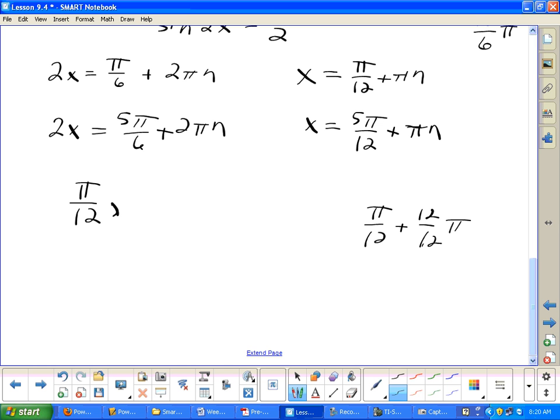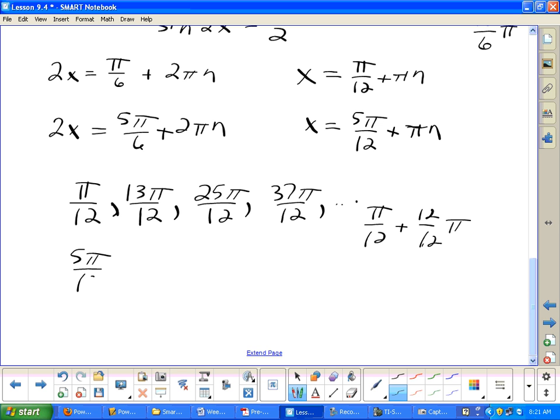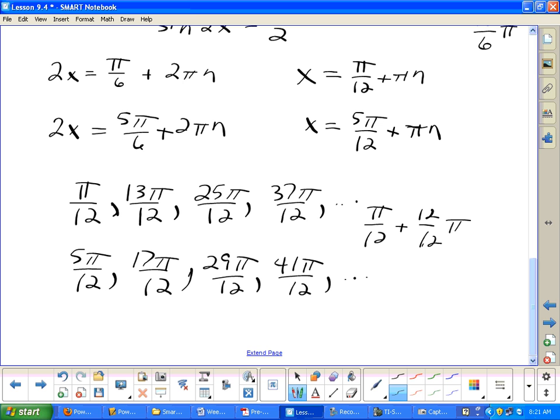Okay, so if I have 1 plus 12, I get 13 pi over 12 would be the next one. And then if I add 12 more, I would get 25 pi over 12. If I add 12 more, I would get 37 pi over 12, and so on, right? Dot, dot, dot. Then the 5 pi over 12, then I would have 17 pi over 12, because I'm just adding 12 to the numerator. Okay? And then 29, and 41, and so on, right? Okay.